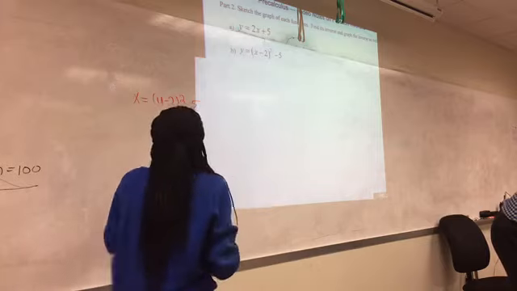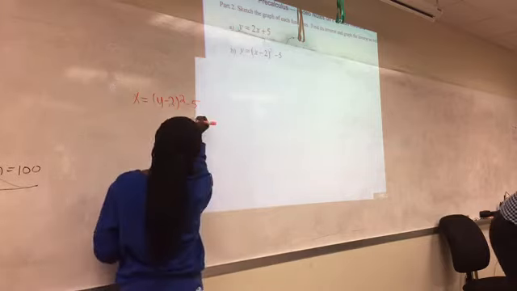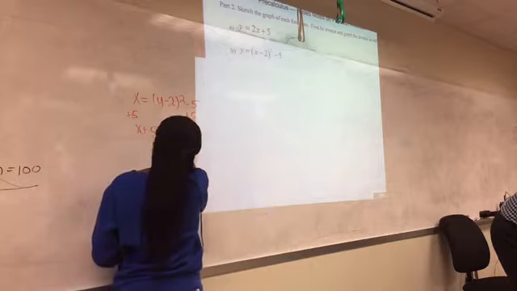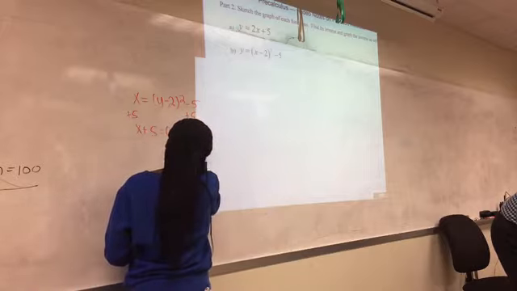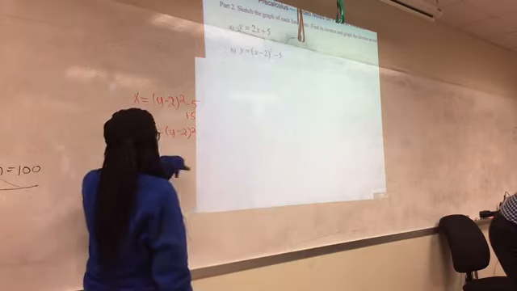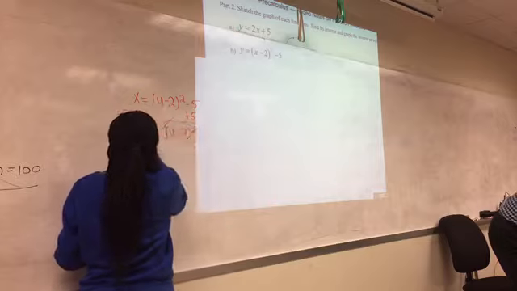At this point, again, I would solve for the y to isolate it. Plus 5. Y minus 2 squared. So, since it's squared, I found the square root of both sides to isolate that. Those cancel.